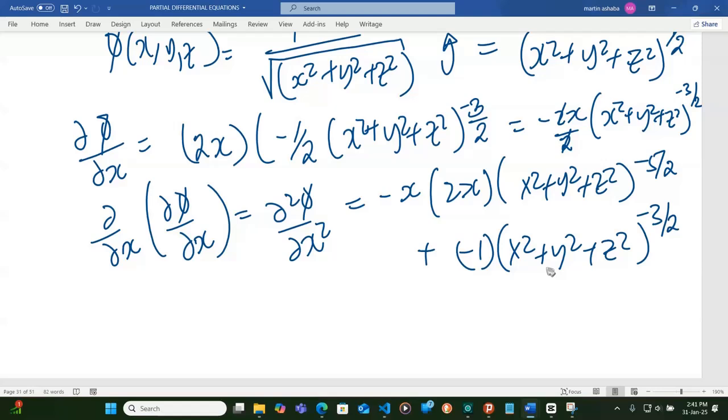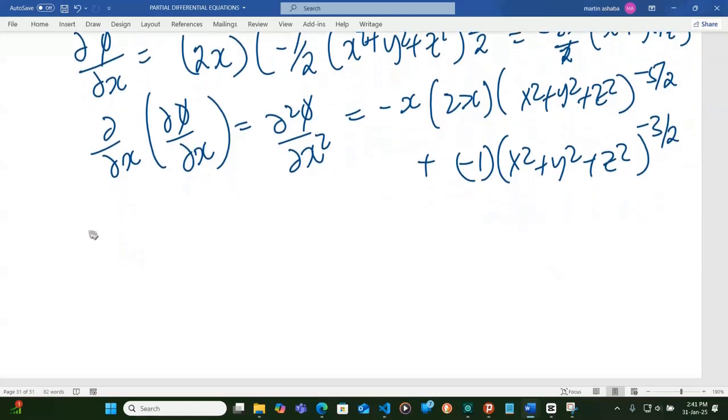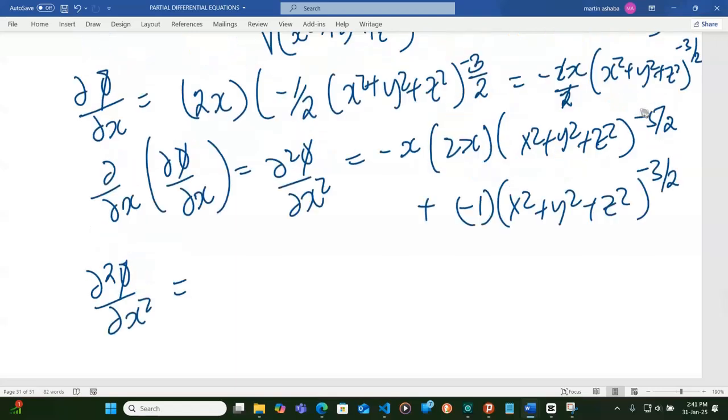So del squared phi by del x squared, if I reorganize this, remember I had a negative somewhere because when I differentiated what is inside, I also got a factor of negative 3 out of 2.